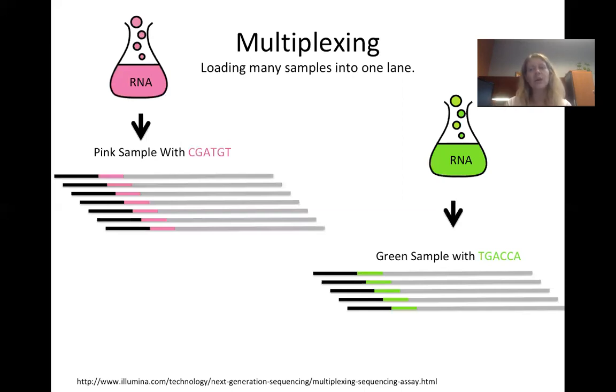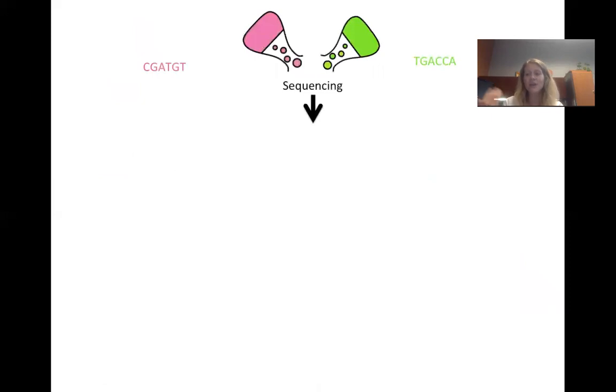On the green sample, you're going to ligate on an adapter with a different barcode. This one's going to have the same original starting point so that it will attach to the glass slide appropriately. But at the end, you're going to have a different sequence, so TGACCA. And that's going to be in between your universal adapter and your actual DNA fragment that came from your sample. So you can do this for not just 2, 3, 4, 5, but 10, 100 samples. They each get their own unique barcode.